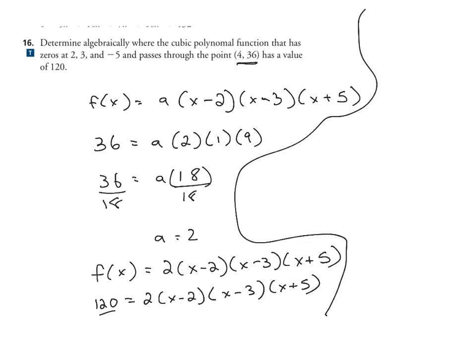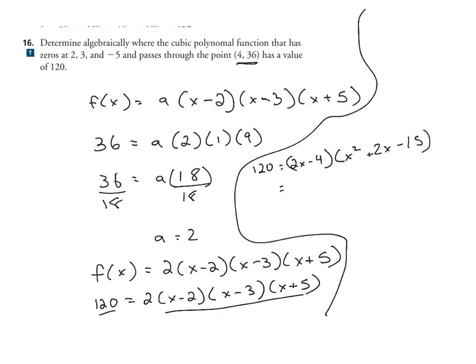So we're going to expand these guys. 120, we'll leave that out for now, equals 2x minus 4 times x squared minus 3x plus 5x, so plus 2x minus 15.